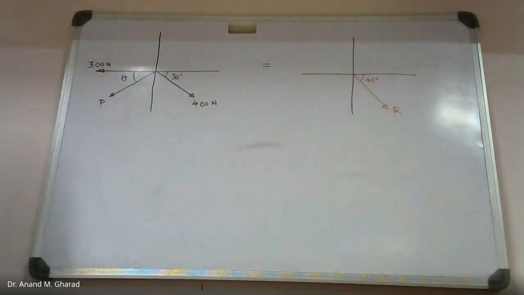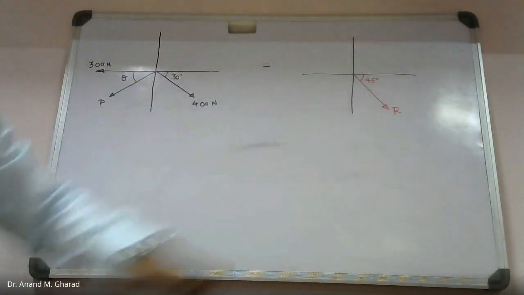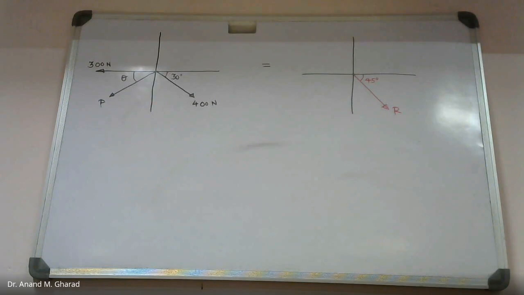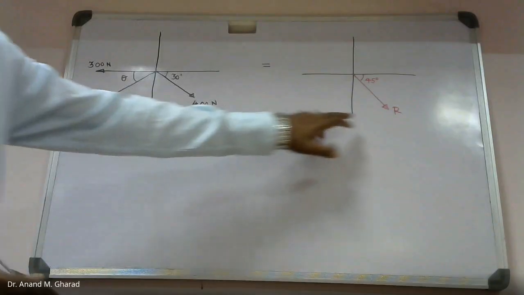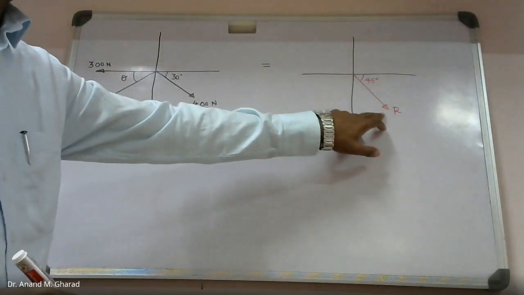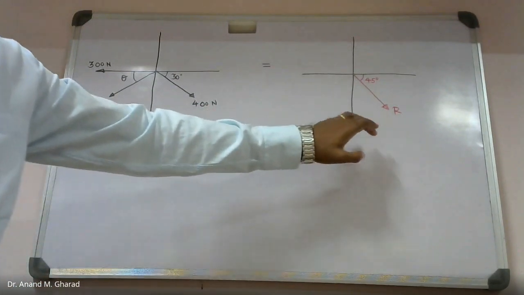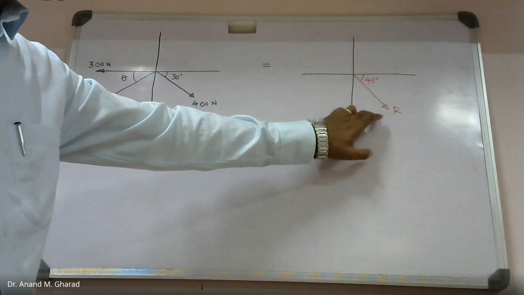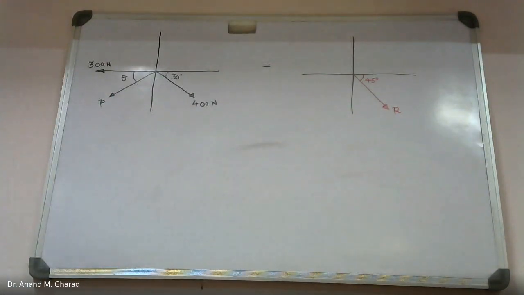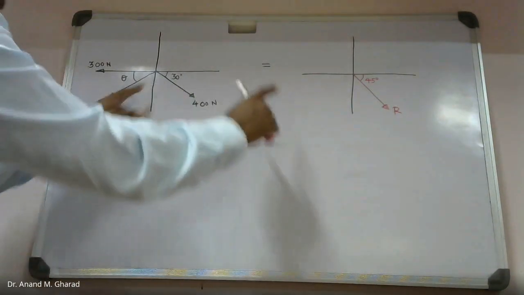So do you agree? Whatever I have drawn, is it correct? Yes, sir. So the representation of the resultant, with whatever explanation is given in the problem statement, is true for that. Okay. So this is the given condition.